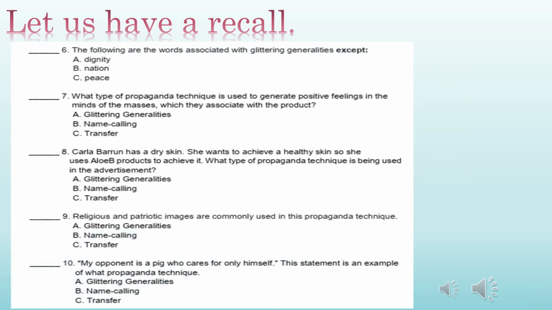6. The following are the words associated with glittering generalities except A, dignity, B, nation, and C, peace. What is your answer?